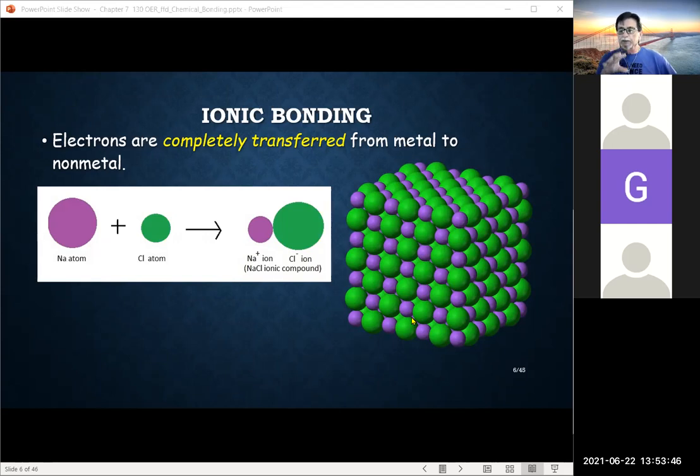Well, when it becomes ionic, it loses one electron. And look at what's happened to the diameter of the sodium ion. Definitely got smaller, right here compared to right here, because it lost that one electron.